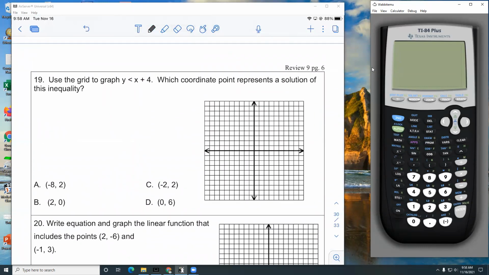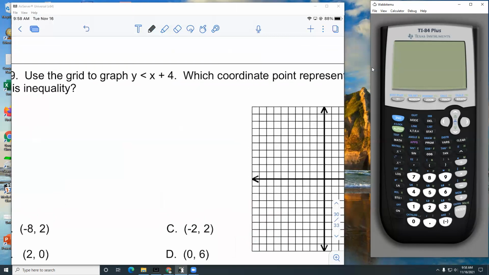All right, number 19 says, use the grid to graph y is less than x plus 4. Which coordinate point represents a solution of this inequality? So let's start by graphing. This is really nice because it's already in my slope-intercept form. So my slope is that number in front of x, which is 1. So I'm going to go up 1, right 1 each time. And my y-intercept is at 4.